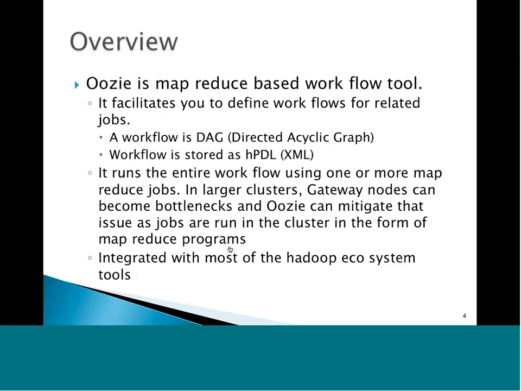I didn't see many people using the Oozie scheduler, but Oozie workflows are used in many applications where you have multiple jobs that need to be run in a coordinated fashion.